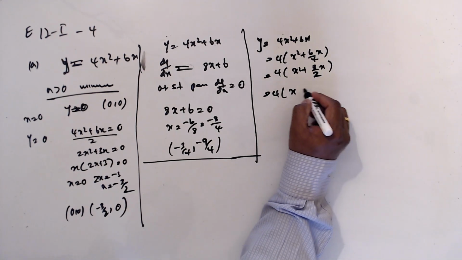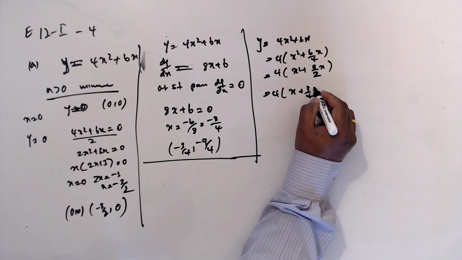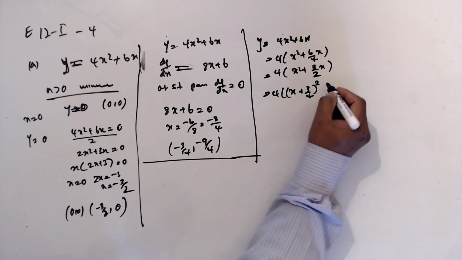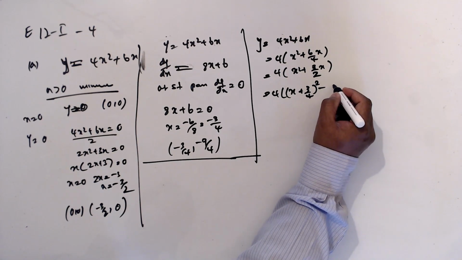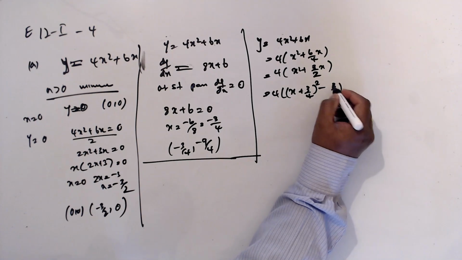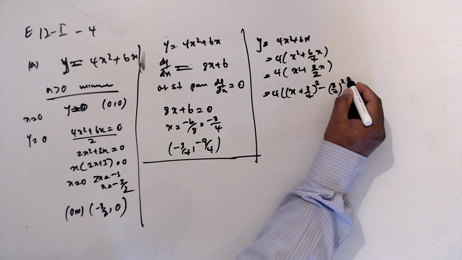So 4 times (x plus 3 over 4) squared minus (3 over 4) squared.